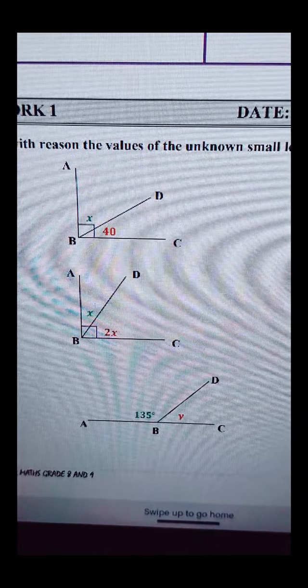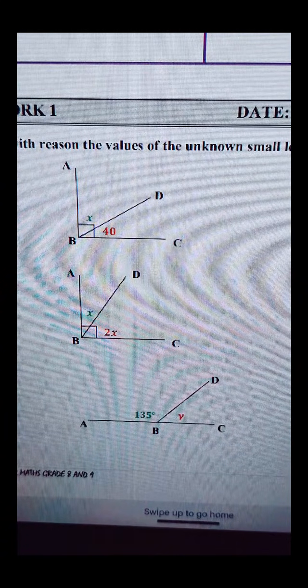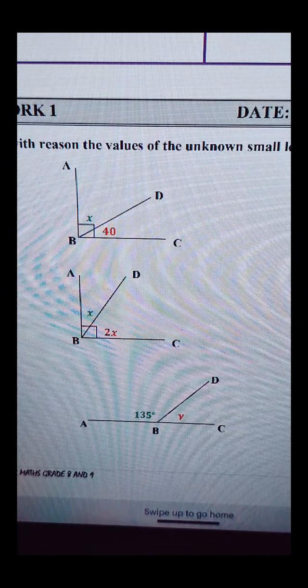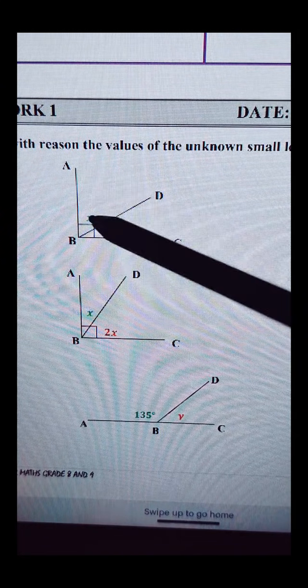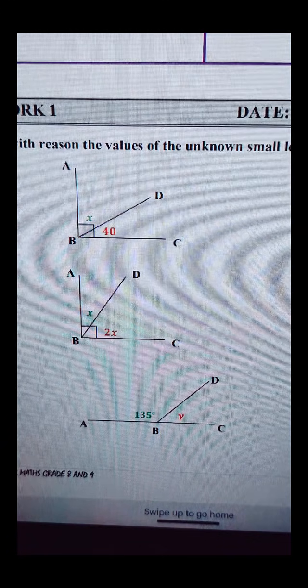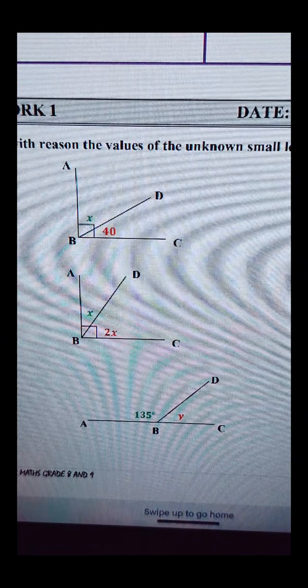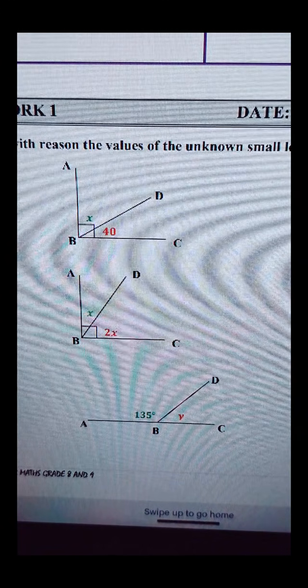And what would be the reason? From my answer, Jericho: x plus 40 is equal to 90 degrees. Very good. The reason: complementary angles. Yes, nicely done.